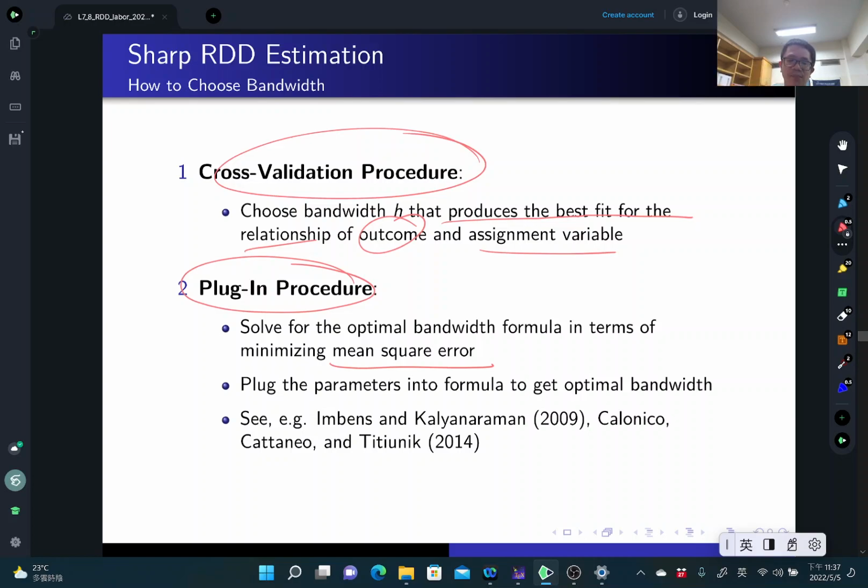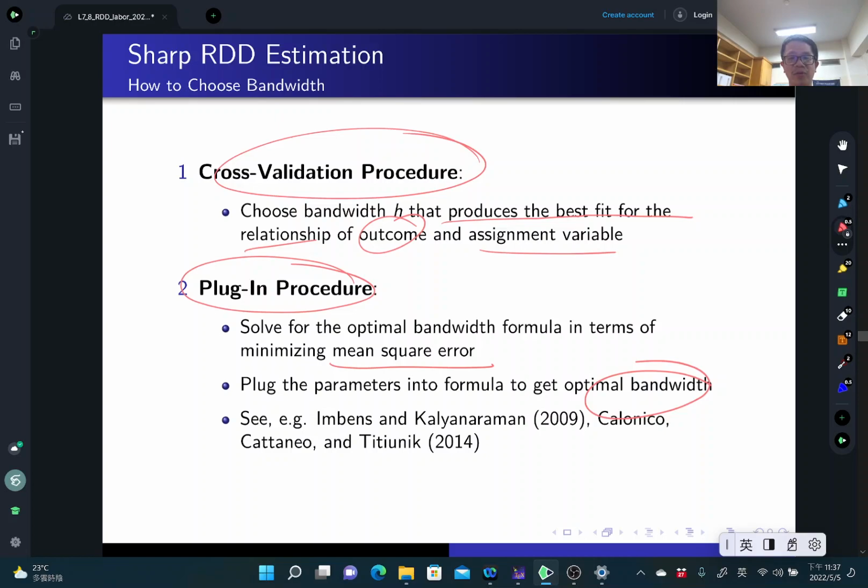The optimal bandwidth is maybe 100 days for the alcohol example.